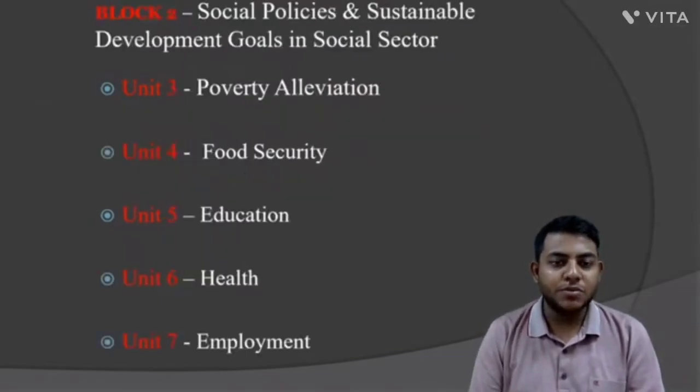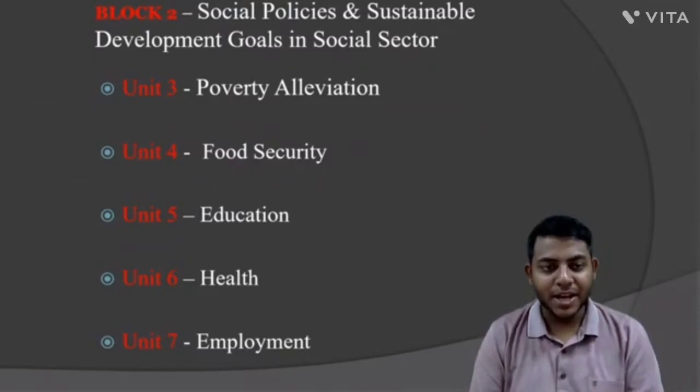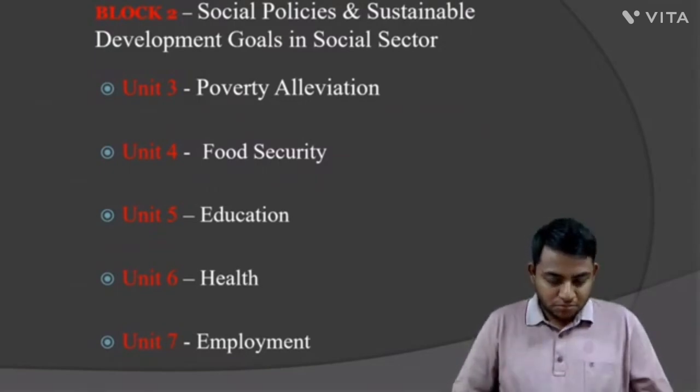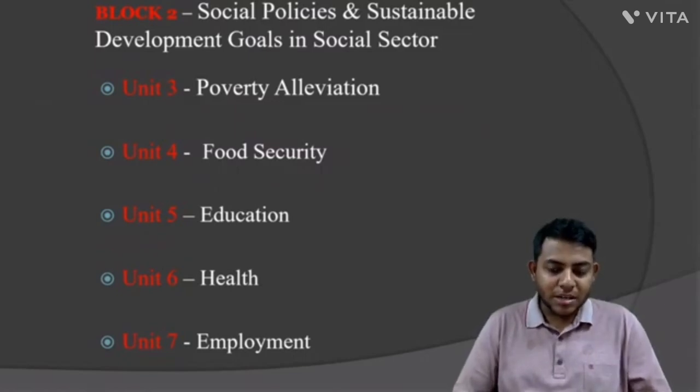The second block, which we started in the last class, is pertaining to social policies and sustainable development goals in the public sector. As part of that, we discussed the third unit in the previous class, which is pertaining to poverty alleviation, which is also Sustainable Development Goal 1, that is end poverty in all its forms everywhere.